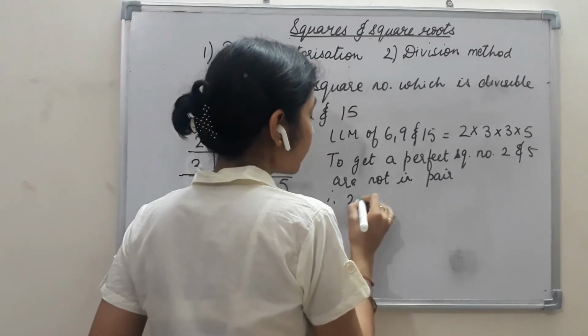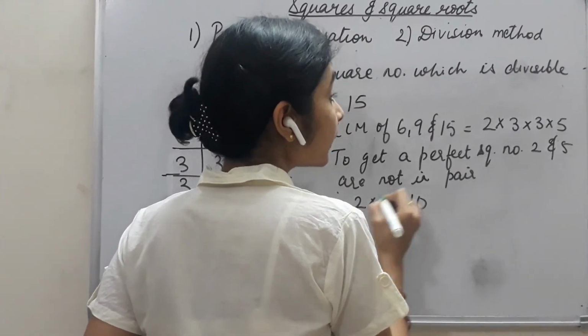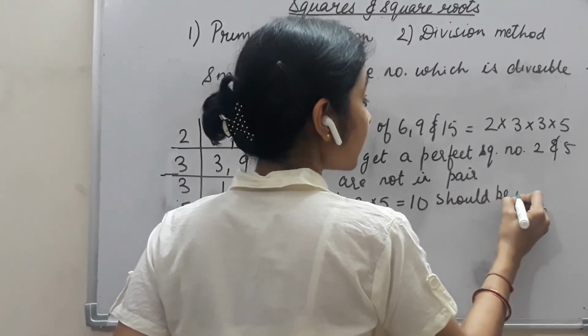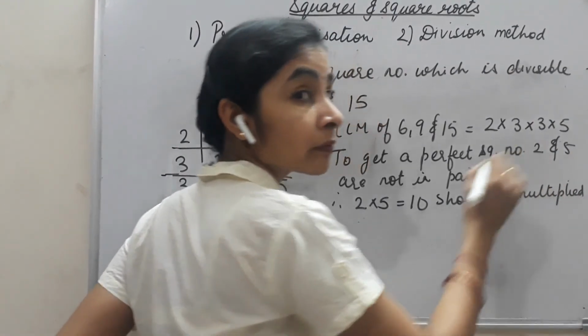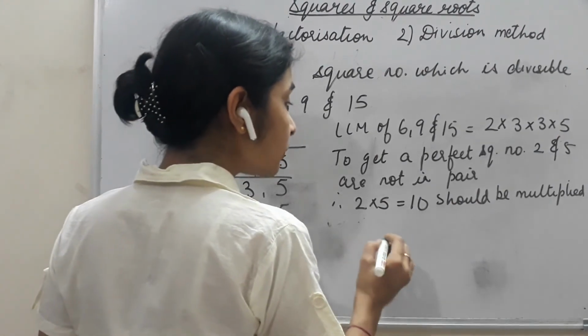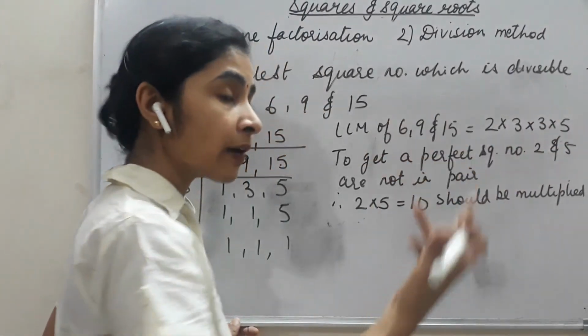Therefore 2 into 5 is equal to 10 should be multiplied. Okay, so here 10 should be multiplied. So we will multiply one more 2 and 5 to this.